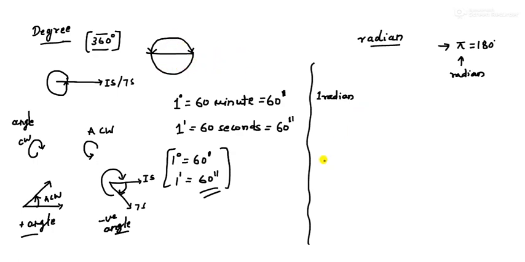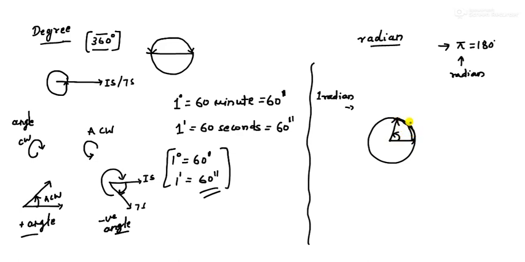But what about radian? See, radian is the angle subtended at the center. If I take a circle, this is a line, these are the two radii, and this is the angle. Now it is the angle subtended at the center of a circle by an arc. This is the arc, correct?